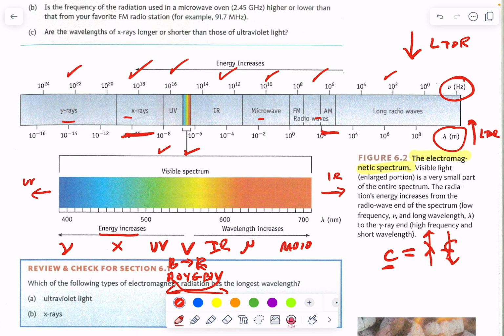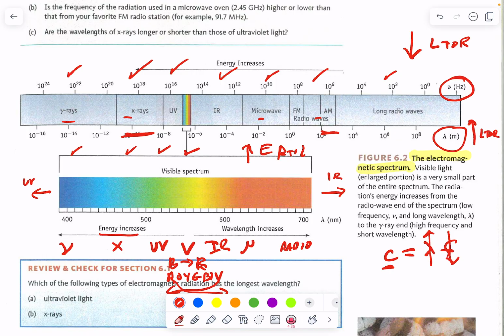X-rays are going to go right through skin and muscle, but not bone. Gamma rays have enough energy to go right through you and even the earth at the high energy gamma ray photons. So the idea here is that energy is going up as we go from right to left, or it goes down as we go towards the red end of the spectrum.